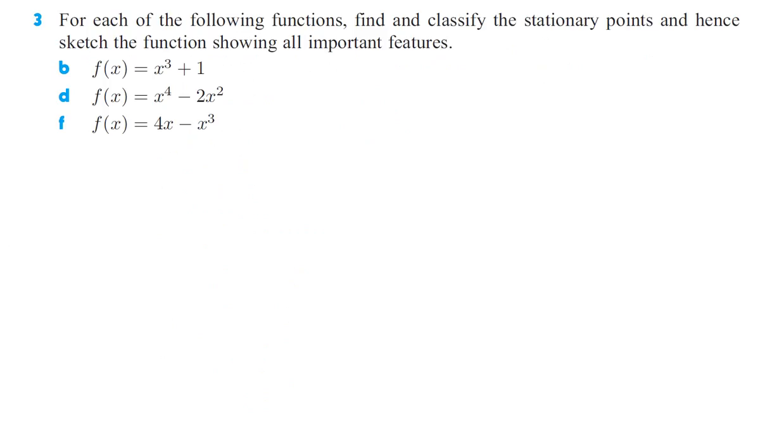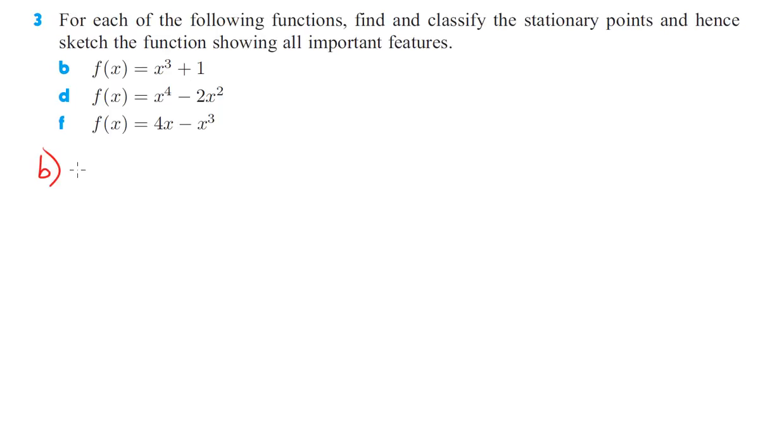Moving on to number 3. For each of the following functions, find and classify the stationary points, and then sketch the function showing all important features. All right? So what we need to do is take the derivatives of these.